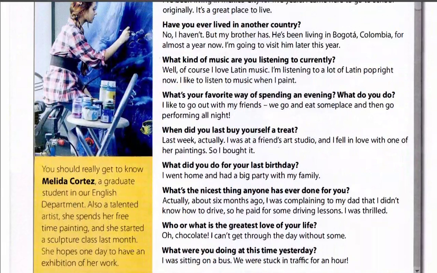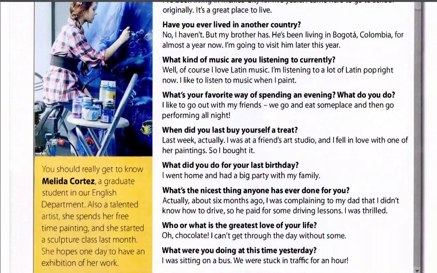She was complaining, so her father paid for some driving lessons. I was thrilled. Okay? So her father paid for the driving lessons because she was complaining. So we're using that simple past and past continuous, was complaining, to kind of connect those two actions in time. She was complaining and her father paid for driver's lessons.